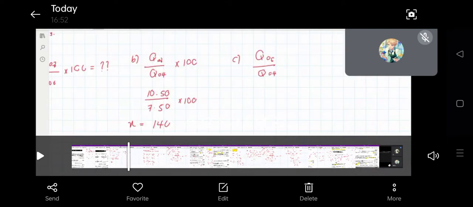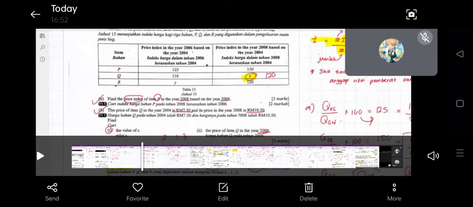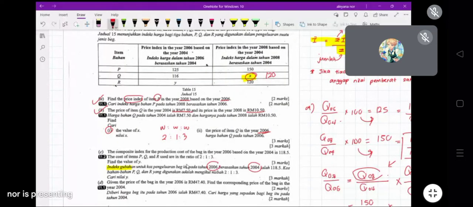So 1C basically asks about: cost pengeluaran bag pada tahun 2006 berasaskan tahun 2004 ialah 118.5. So here we know that Q6 per Q4 equals 118.5.